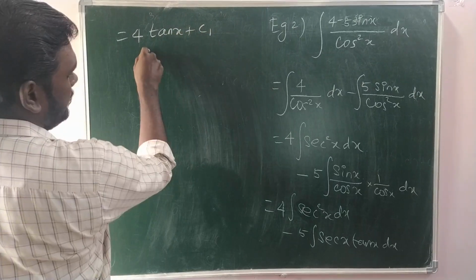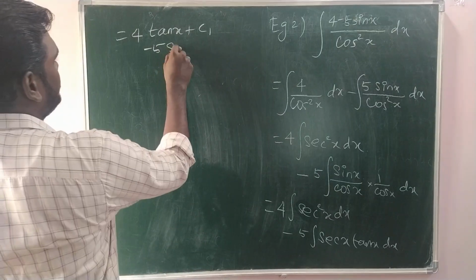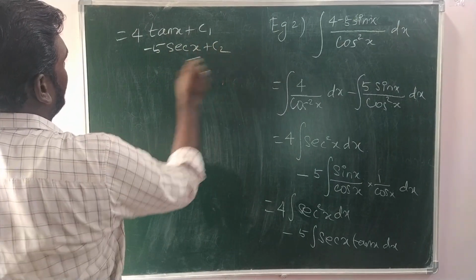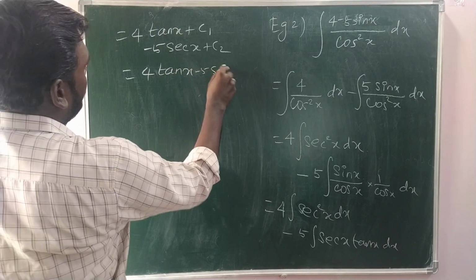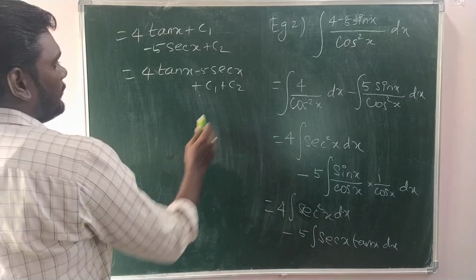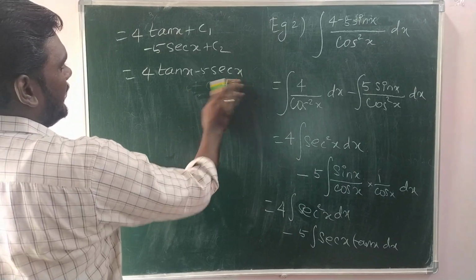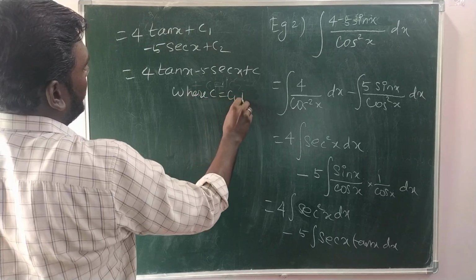What is the integral of secant squared x? Tan x plus c1, minus 5 into the integral of secant x tan x, which is secant x plus c2. So this can be combined: 4 tan x minus 5 secant x plus c, where this c is c1 plus c2.